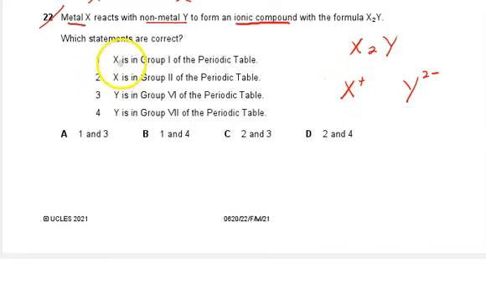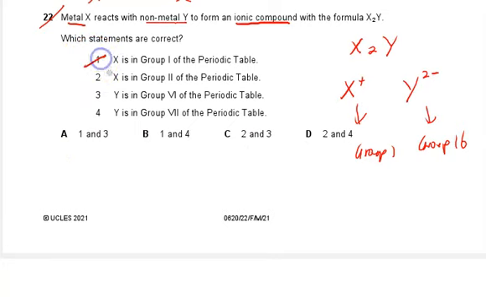So X should be in group 1, and Y will be in group 16.